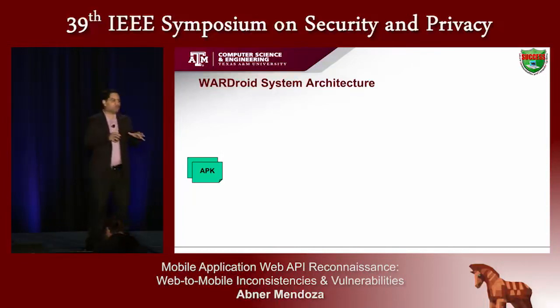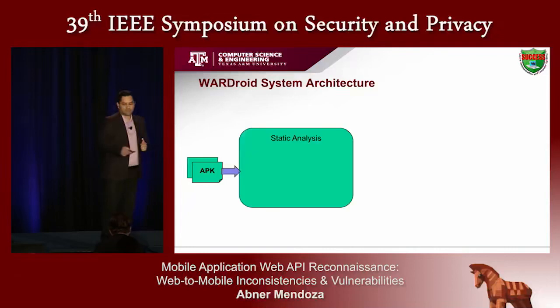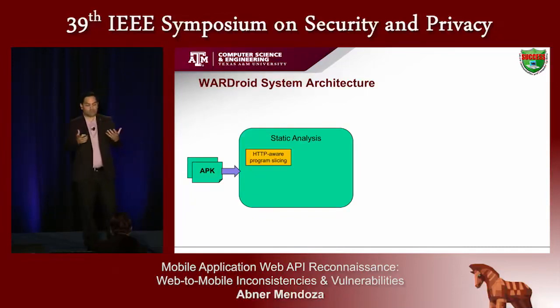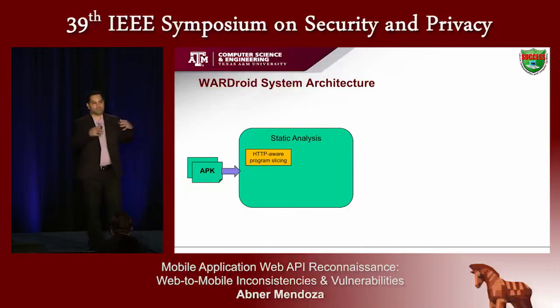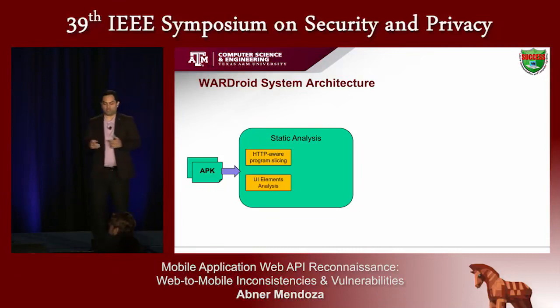So let me walk you real quick through the overall architecture of our system, Wardroid. It takes as input the Android APKs, and it feeds that into a static analysis module. In our static analysis module, among other things, we primarily have HTTP-aware program slices, which reduce the search space for analyzing the app to just those methods and their dependencies that initiate HTTP communication.